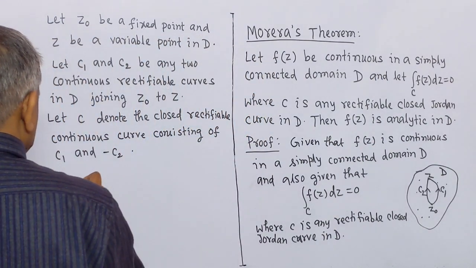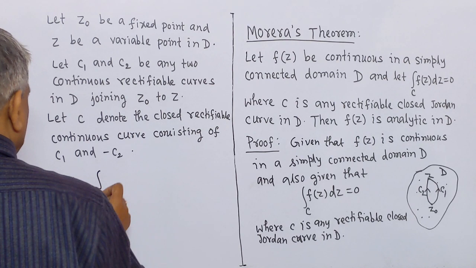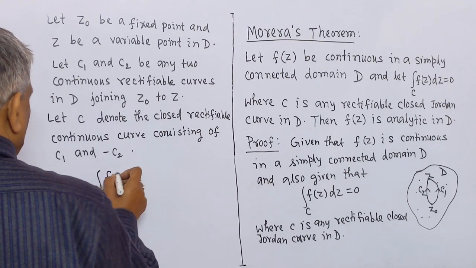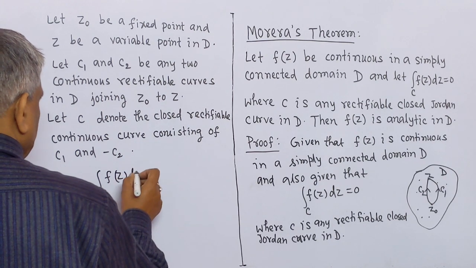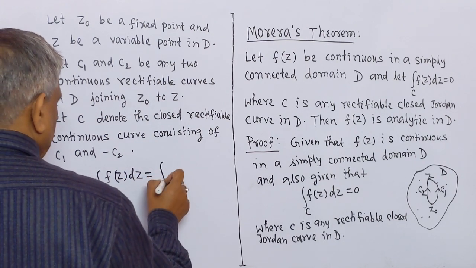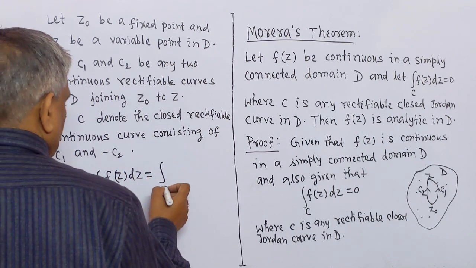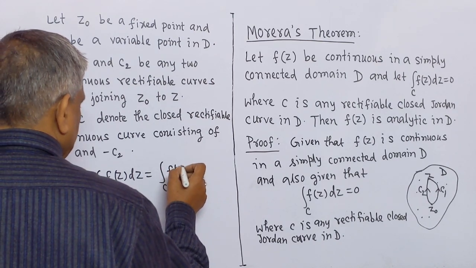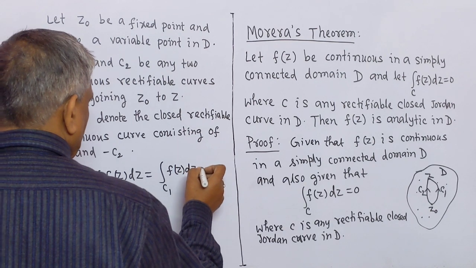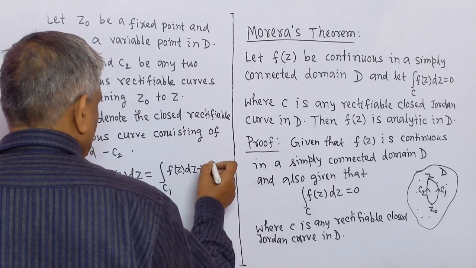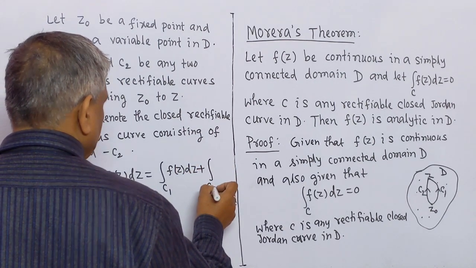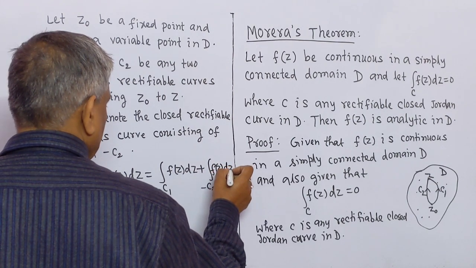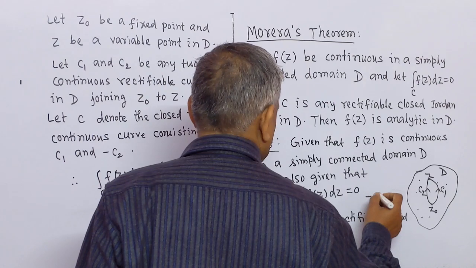Therefore, the integration along the closed curve C of f(z) dz equals the integration along the curve C1 of f(z) dz plus the integration along the curve minus C2 of f(z) dz. Let this be number 1.